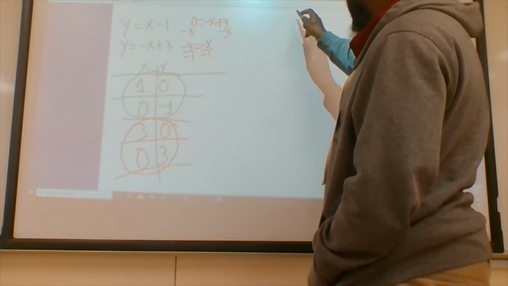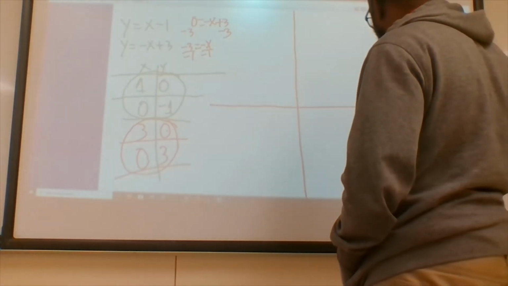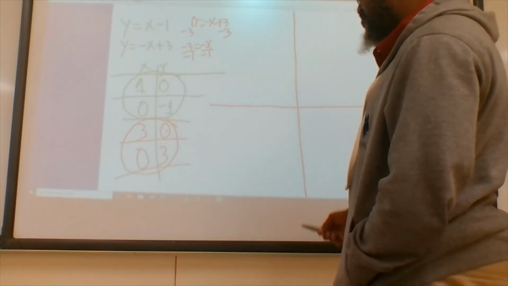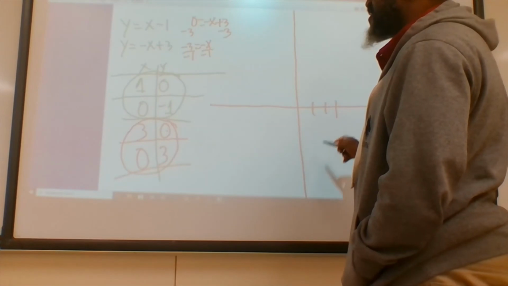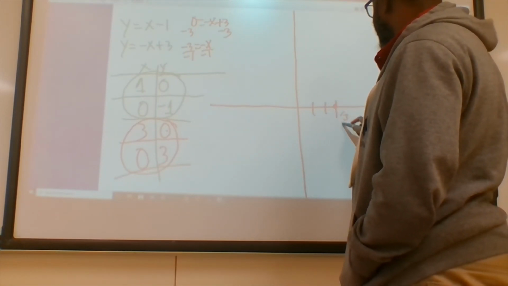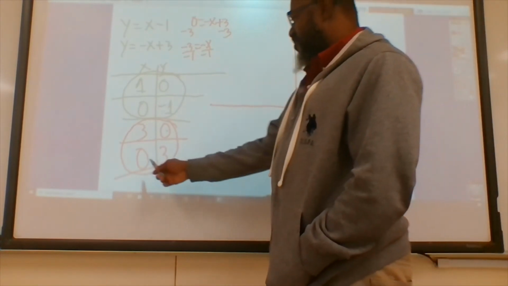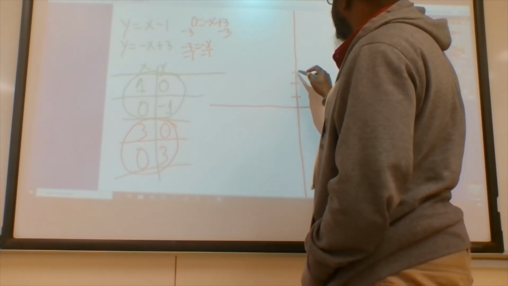So let me graph the one in red. Since my interval is not big, I can use an interval of 1. That will be 1, 2, 3. That will be (3, 0). The other one is (0, 3), so I will go 3 units up. (0, 3).